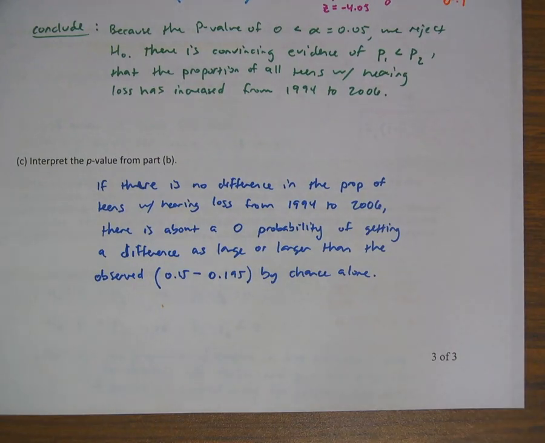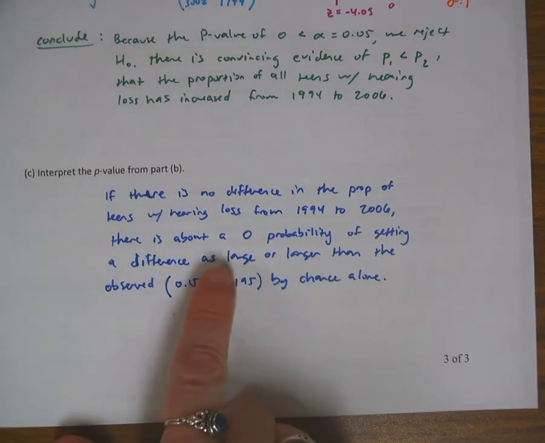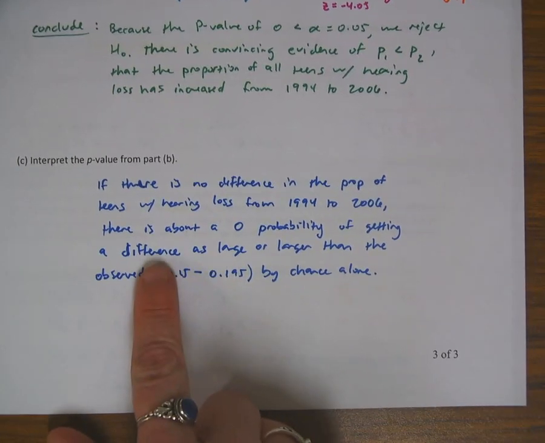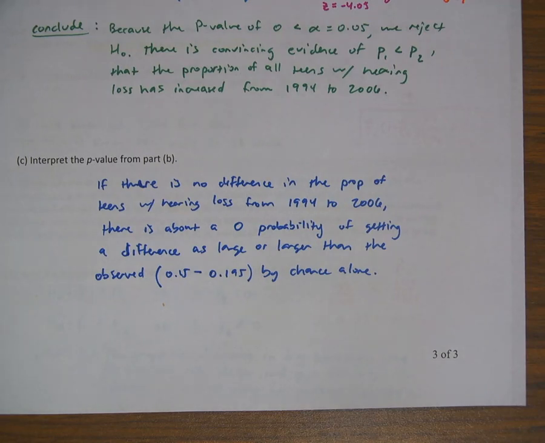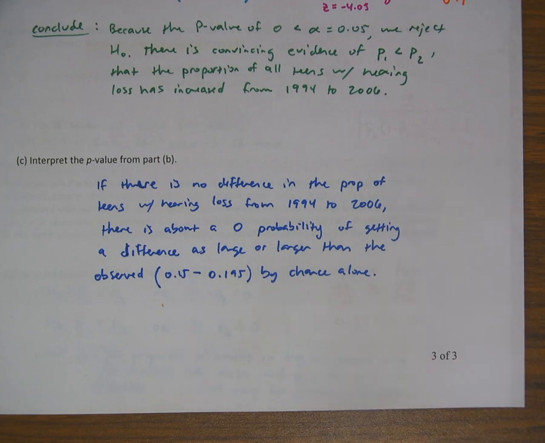So if we assume that there truly is no difference in the proportion of teens with hearing loss from these one year to the other year, there's about a 0 probability that what happened in the sample, or even a bigger difference than that, happened just by chance alone. That's why we say that there is convincing evidence that hearing loss has increased from 94 to 2006.